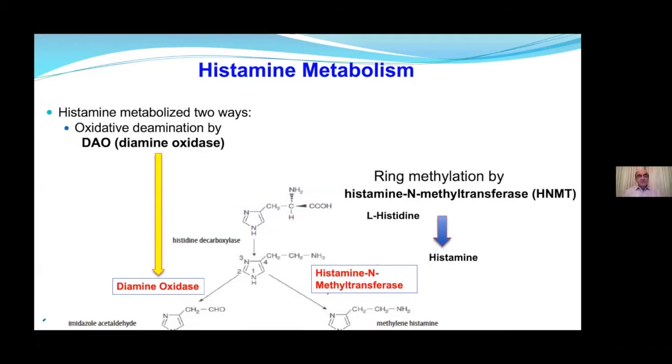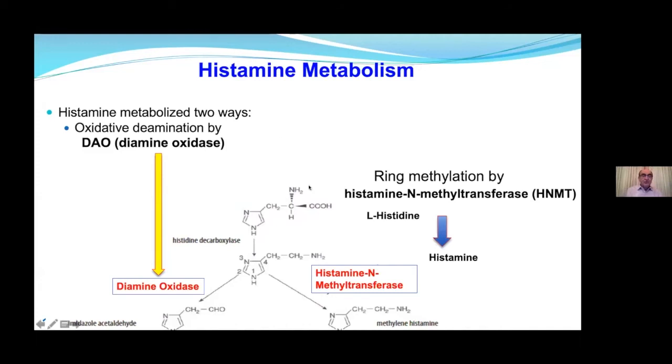Histamine can be metabolized by oxidative deamination, which is the classic way, and that is diamine oxidase. And diamine oxidase is found in large amounts in the intestine, and we're going to discuss that more in just a few moments. The other way is through methylation, and that is histamine N-methyltransferase. We're not going to discuss that today.